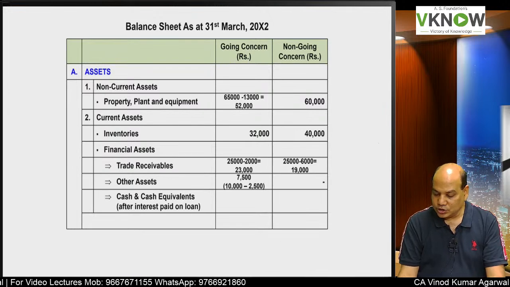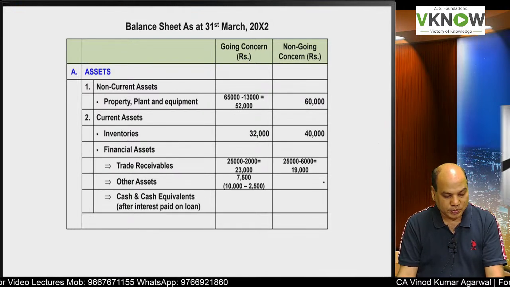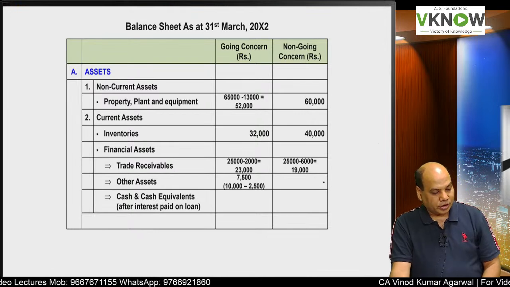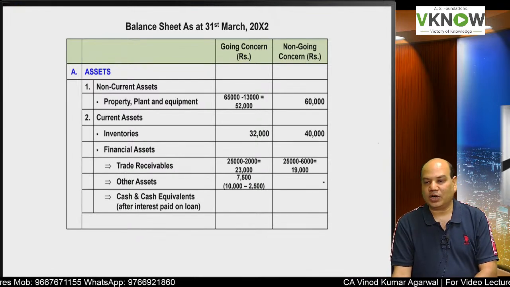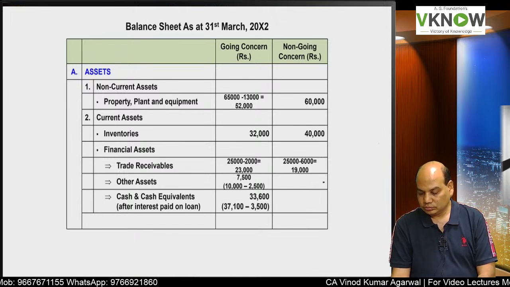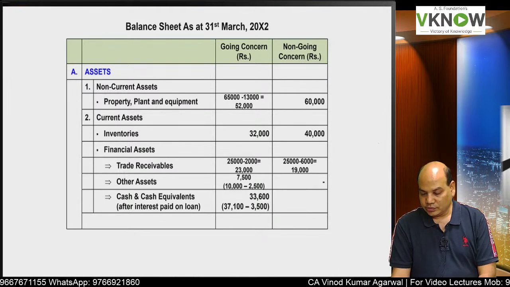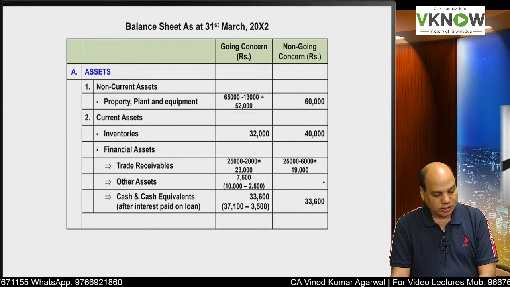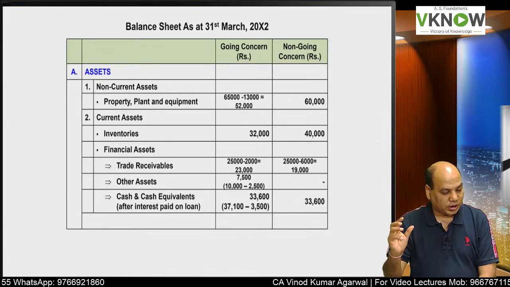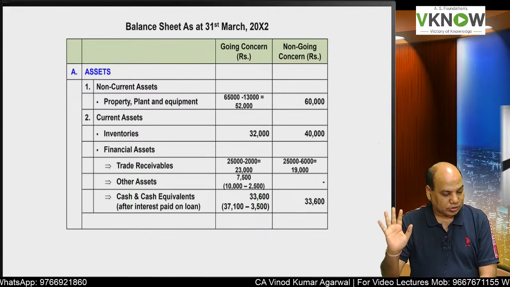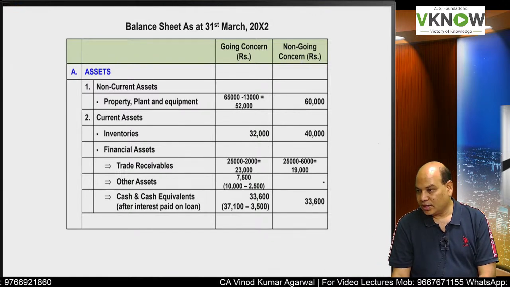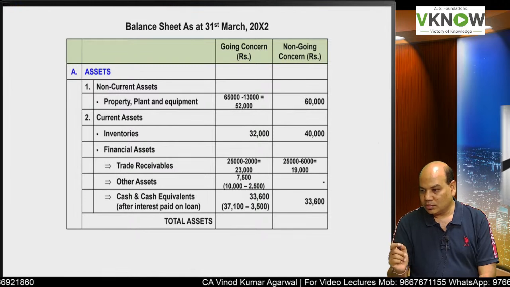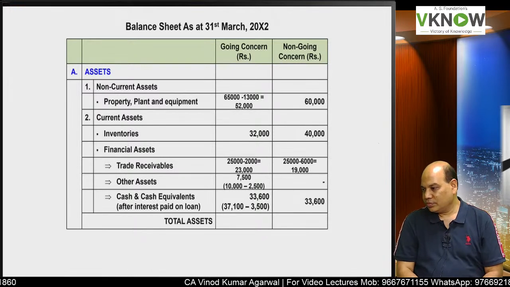Cash and cash equivalent after interest is paid on the loan. In the problem they have given 37,100 minus 3,500. 33,600. The payment for penalty is not yet done, so that will appear in the balance sheet. So the asset side is complete. Can you tell me the total?